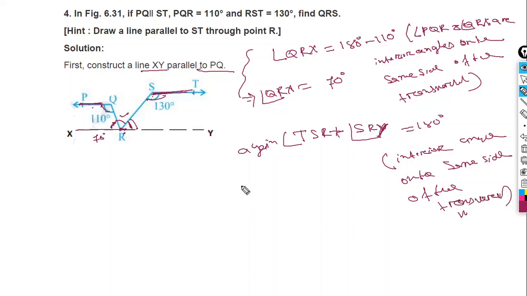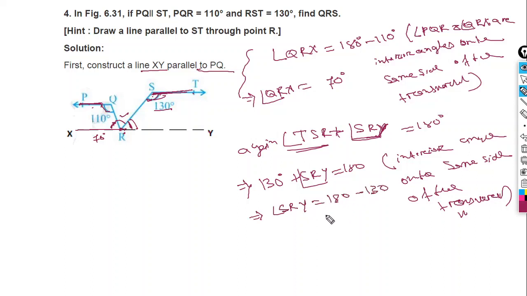You know the value of angle TSR, 130 degrees. So 130 degrees plus SRY equals 180, which implies angle SRY equals 180 minus 130. So it will be equal to 50 degrees.